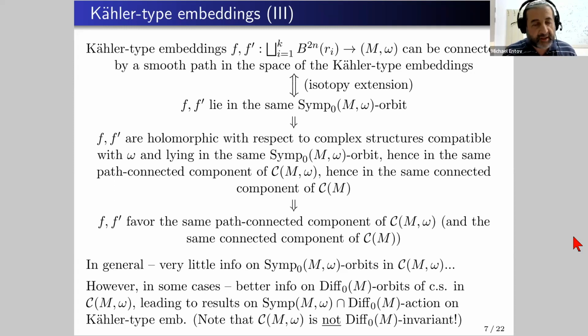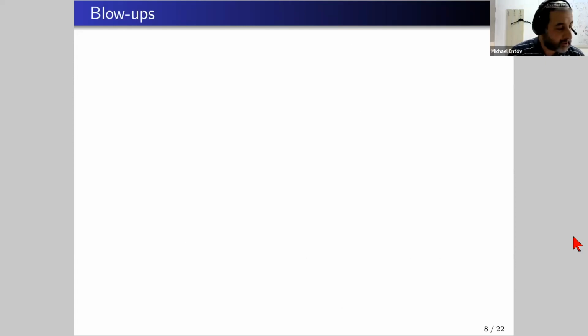Okay. So that's another piece of introduction. The final piece of introduction is related to blowups, to complex blowups. It has been known since the work of McDuff and Polterovich in the early 90s that studying symplectic embeddings of balls into, say, closed manifolds is closely related to studying whether certain homology classes on the complex blowups of these manifolds can be realized by symplectic forms.